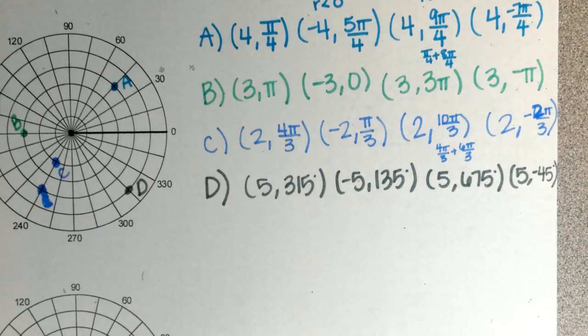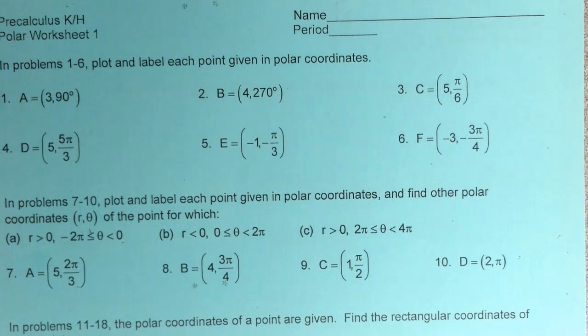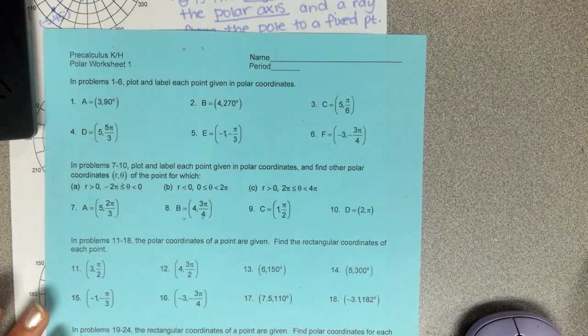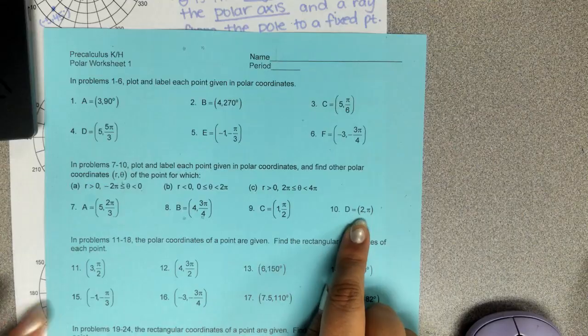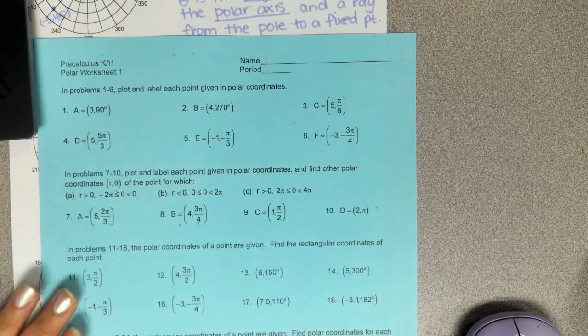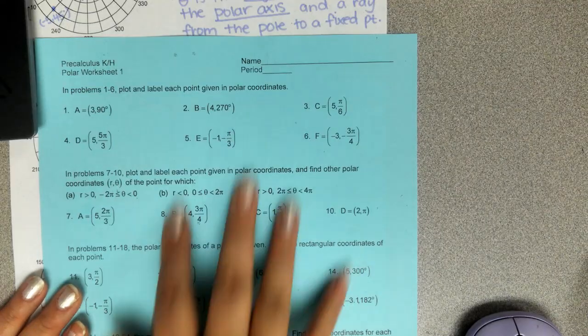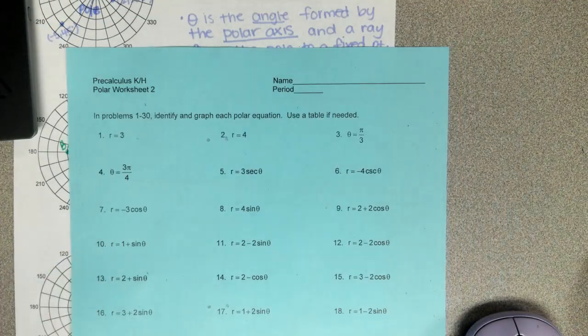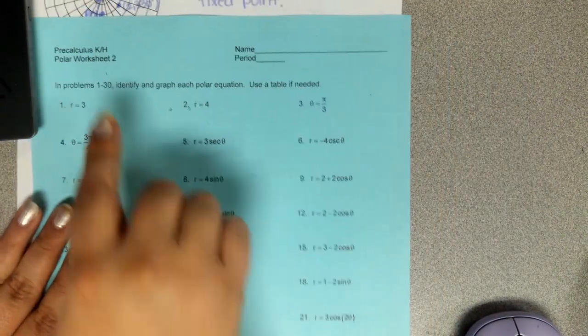All right. On Monday, we'll talk about converting equations and stuff like that. What I'm going to do right now, hold on, y'all, listen. I'm going to hand you a blue sheet. This blue sheet is your worksheet 1. You can only do right now up to number 10, but the whole thing is going to be due on Wednesday. So if you want to get ahead, hold on, look. On the back is worksheet 2.